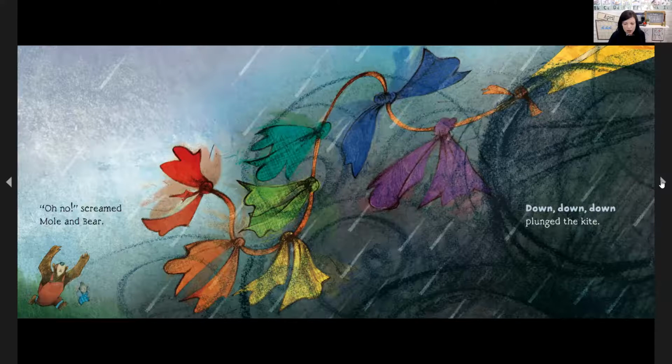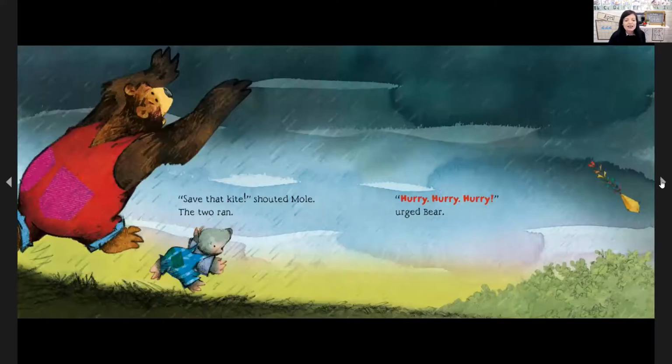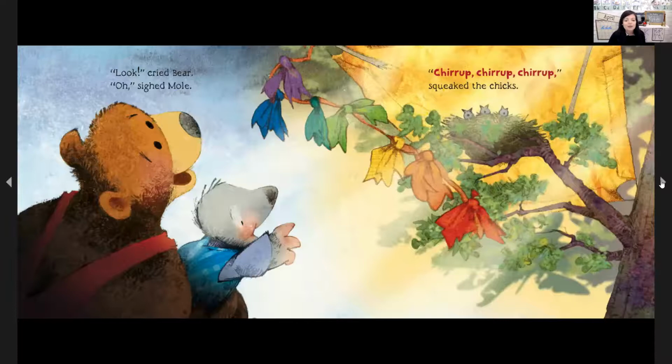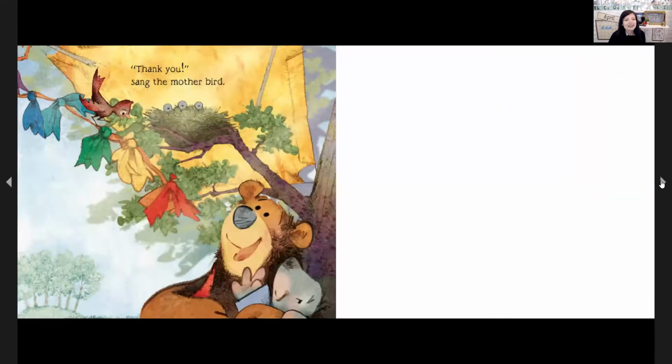Down, down, down, plunged the kite. Save that kite, shouted Mole. The two ran. Hurry, hurry, hurry, urged Bear. Mole stopped. He tilted his head up. Splat, splat, splat. Rain pelted the broken kite. Look, cried Bear. Oh, sighed Mole. Chirrup, chirrup, chirrup, squeaked the chicks. Thank you, sang the mother bird.